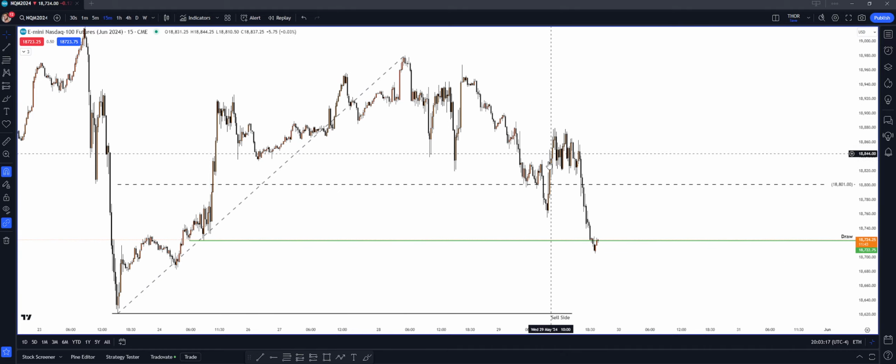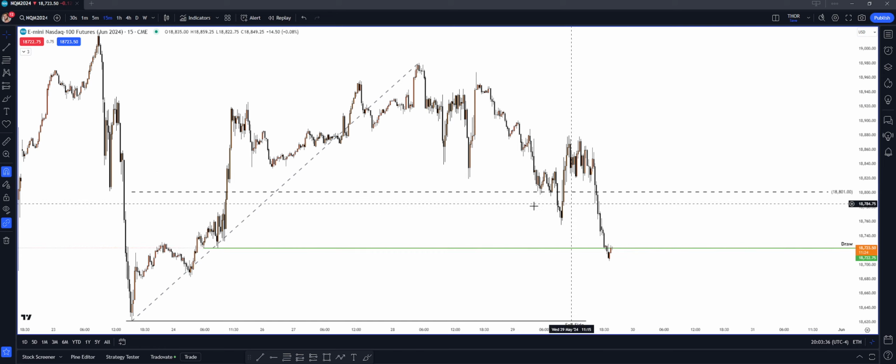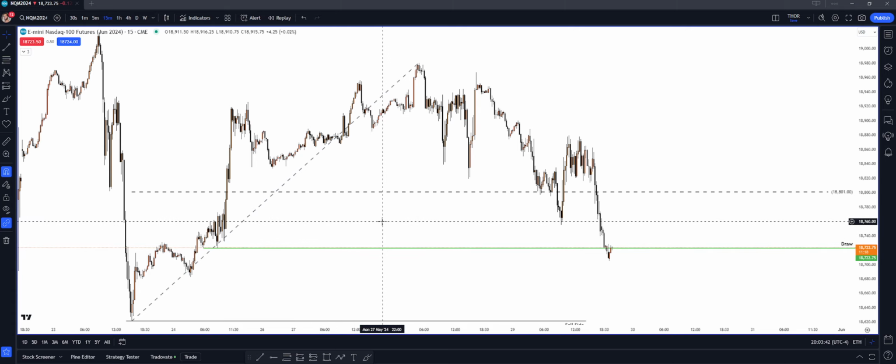Today was rather a choppy New York session, and the initial rally from 9:30, 10 o'clock, then chopped the whole session until the last 15 minutes of the market. Initially, I mentioned the sell side here, which is the sell side for the 15-minute market maker sell model.